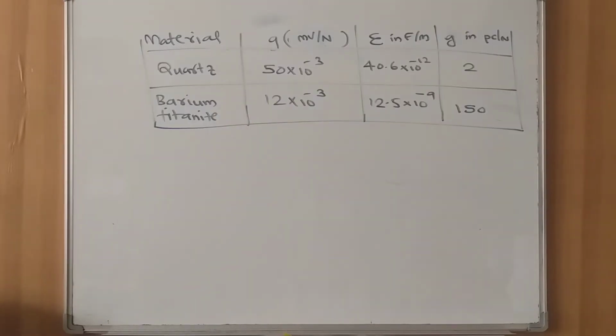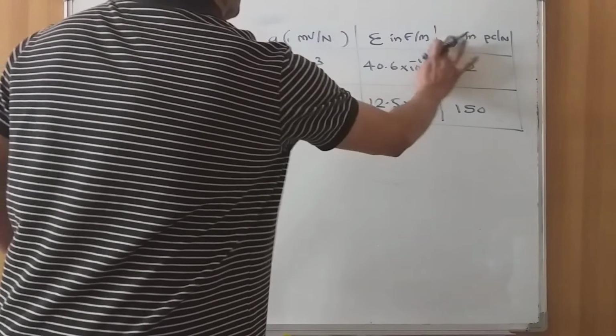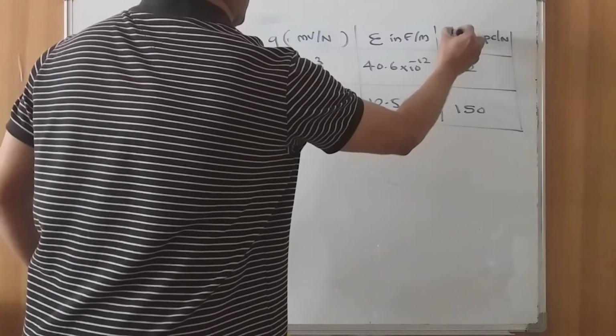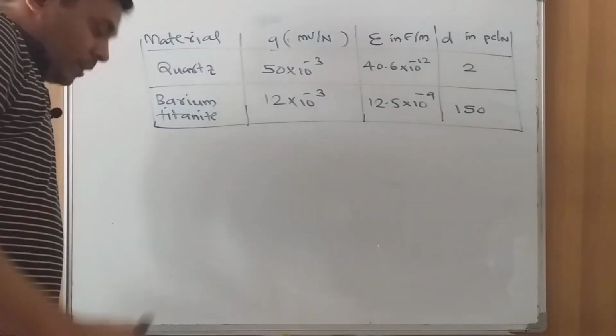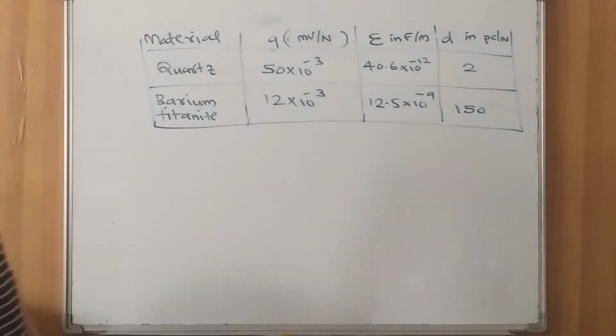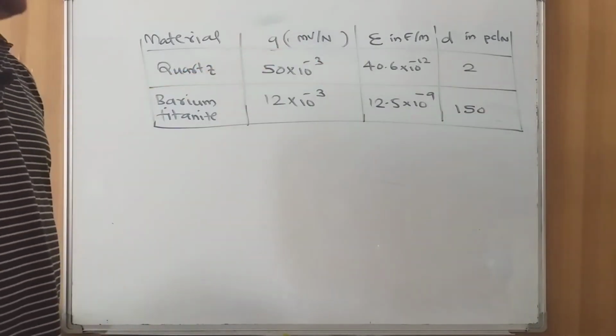Now, let us see two different materials, one is a natural crystal and the other is an artificial or synthetic crystal, and we will see the value of G, epsilon and D. Already we have said G is the voltage sensitivity, which is in millivolt per Newton.